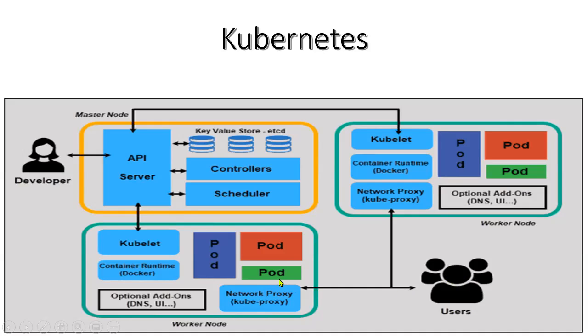Suppose you created an application and it is launched in your pod, and if a user accesses that website in your pod, that is communicated through the kube proxy. So kube proxy helps to manage the network of the pods in your worker node.